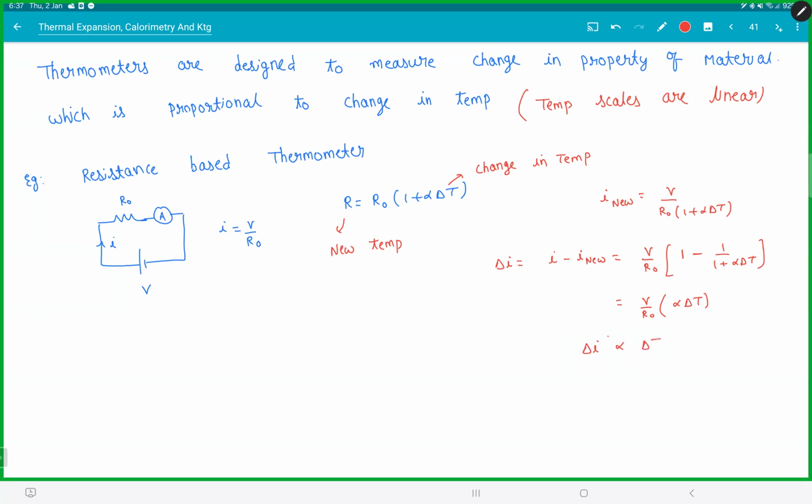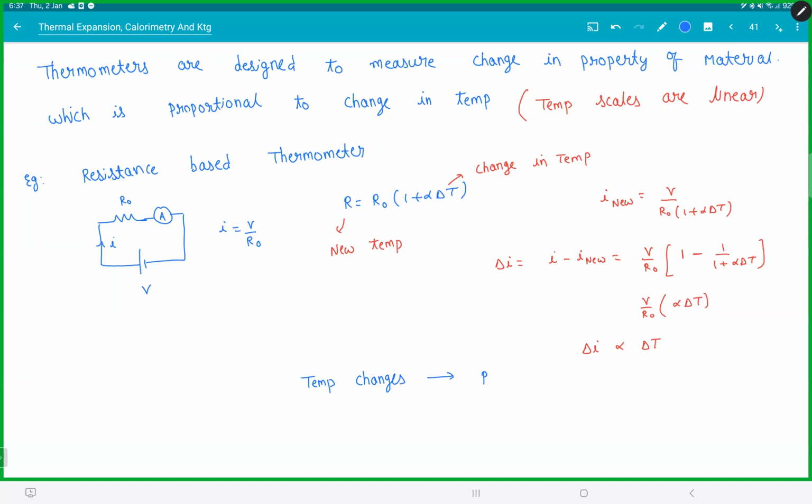So in the thermometer, the current inside changes, and the change in current is plotted with respect to temperature. Whenever the temperature changes, let's say the current changes by 0.01 ampere, we can say the temperature changed by maybe 1 degree or 10 degrees.